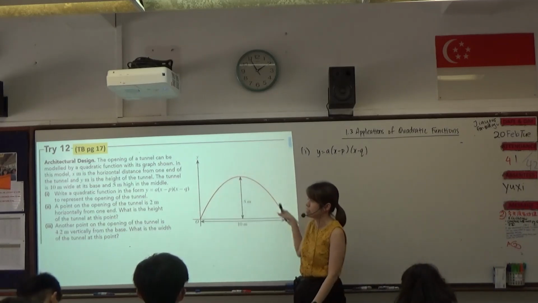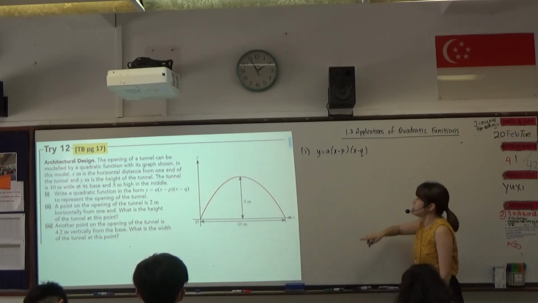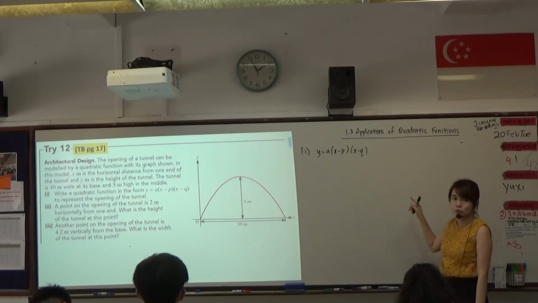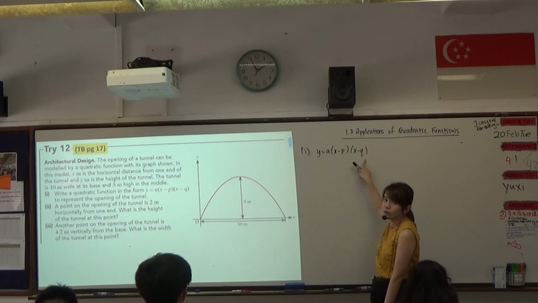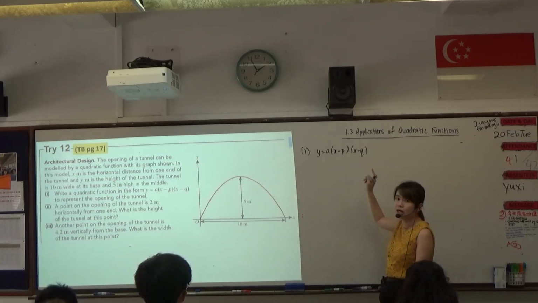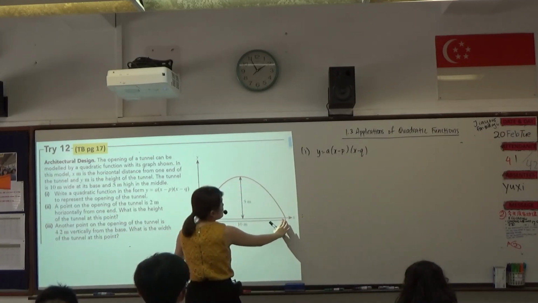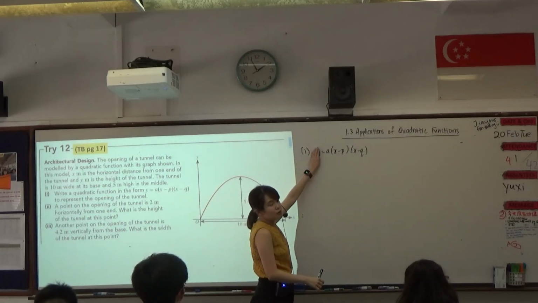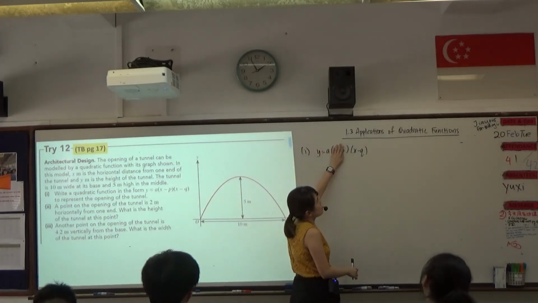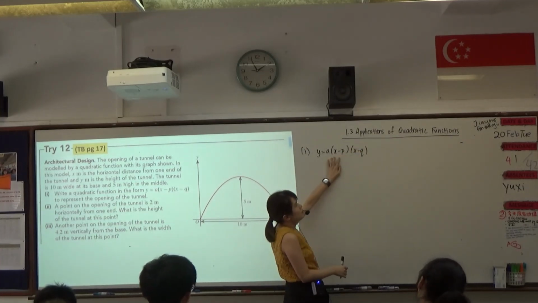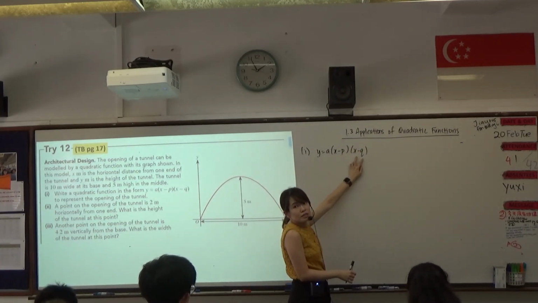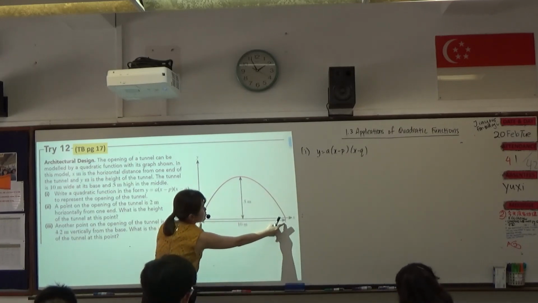So I want to find a, p, and q. p and q could be determined based on the x-intercepts, because when y is equal to 0, we are looking at this to be equal to 0 and this to be equal to 0, such that x is equal to p and x equals to q. So we are referring to the x-intercepts over here.